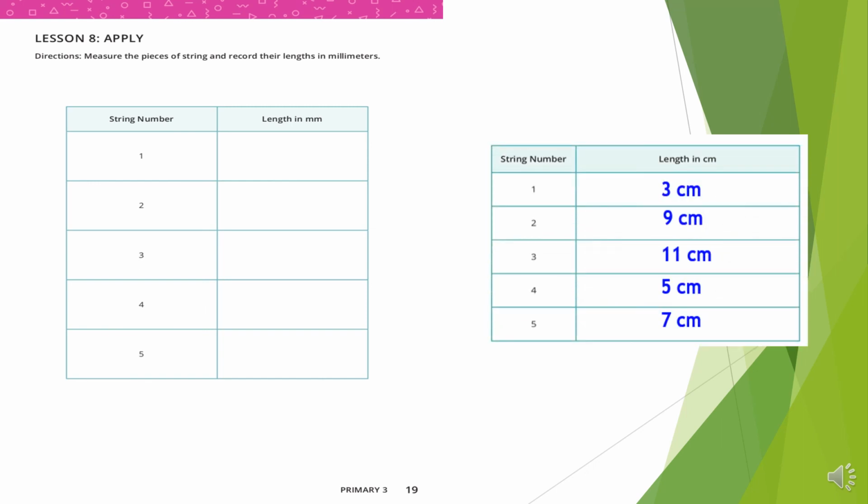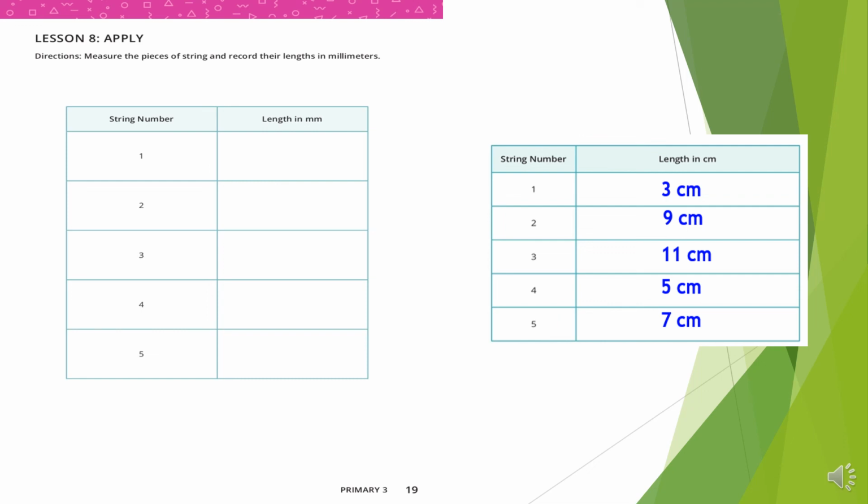Lesson 8. Measure the pieces of string and record their length in millimeter. We measured them before, and the first one was 3 centimeter, the next 9, and the next 11, 5, 7. How to convert from centimeter to millimeter?